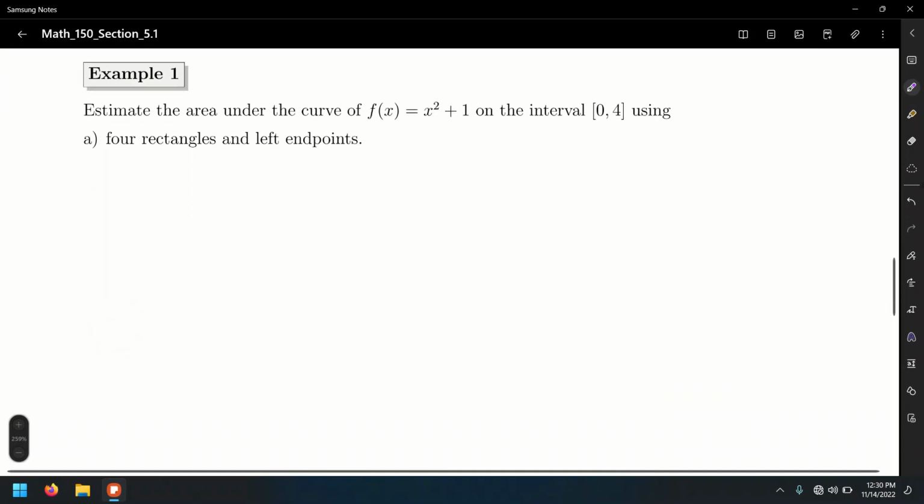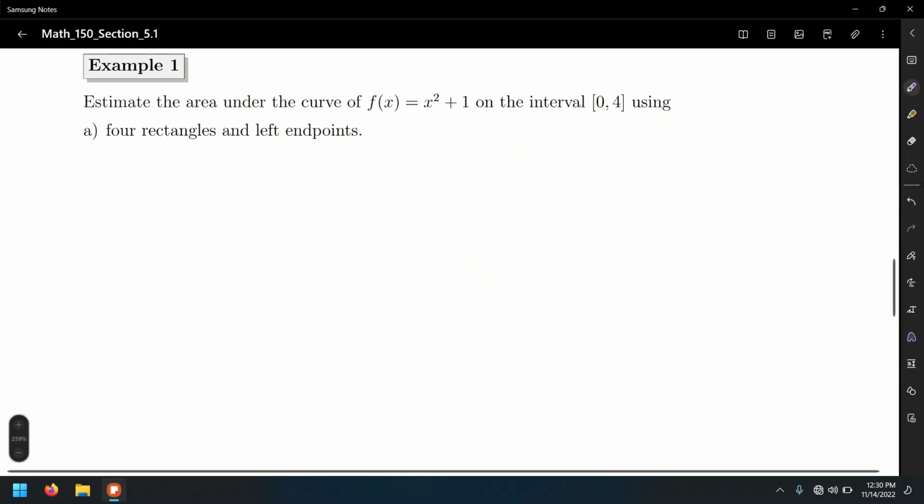Estimate the area under the curve of f of x equals x squared plus 1 on the interval 0 to 4 using four rectangles, in this case left endpoints. So number 1, we want the area under the curve, 1, 2, 3, 4.